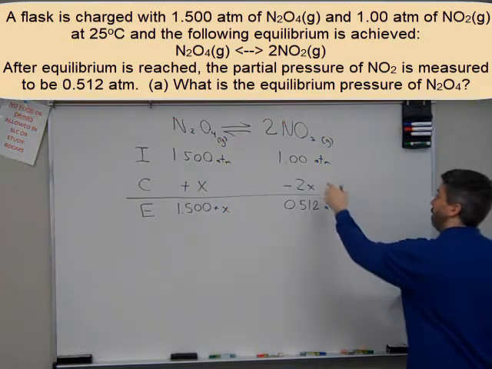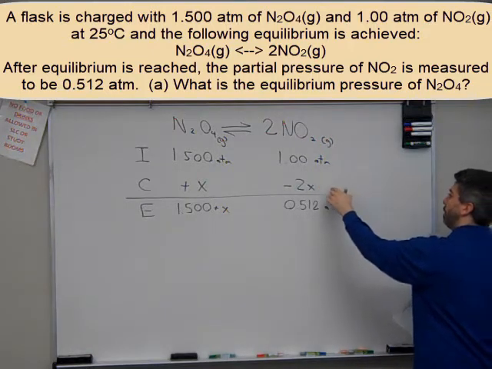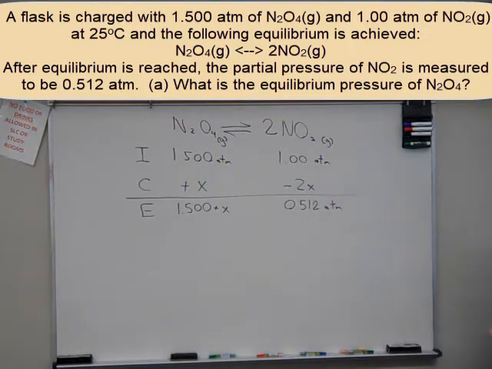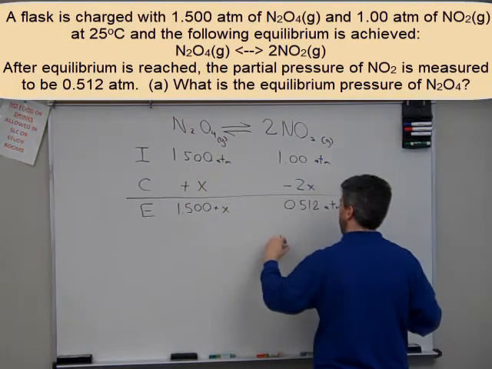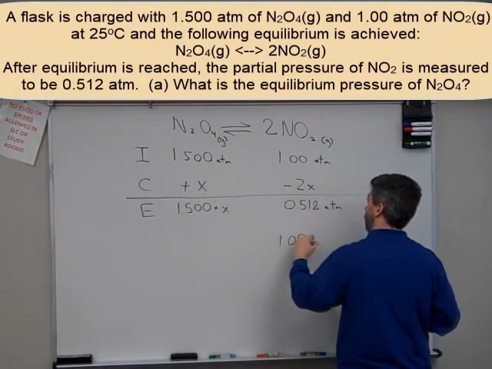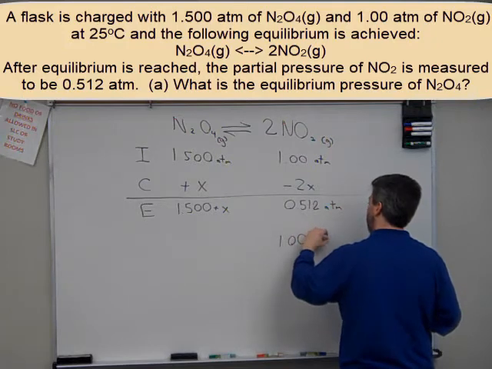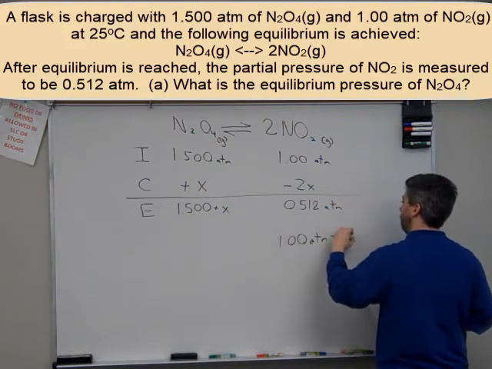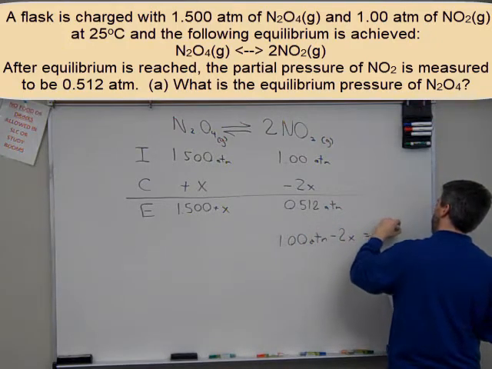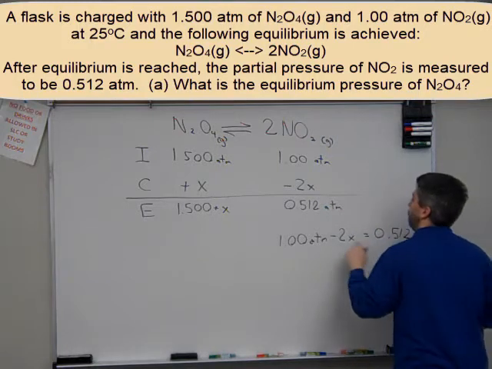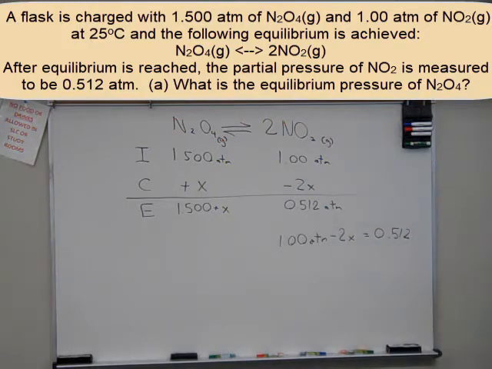Oh, now here's the thing. Initial plus the change gives you the equilibrium. So I can actually use this to solve for what my x value would be. I don't even need to use a quadratic equation. Sets it up all nice and easy for me. So 1 minus 2x is equal to 0.512.